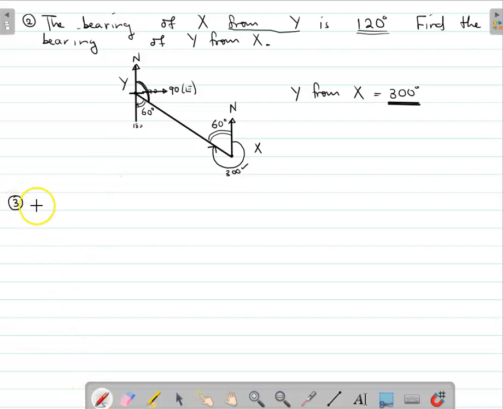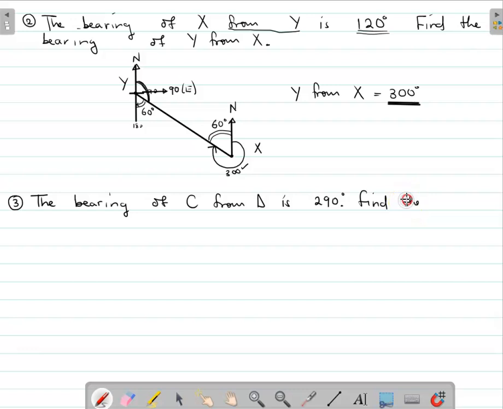Let's look at question number 3. The bearing of C from D is 290 degrees.